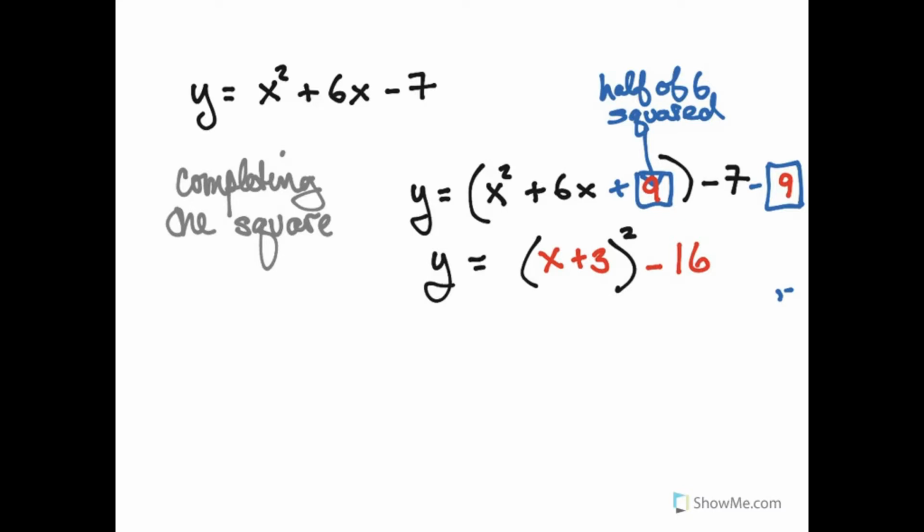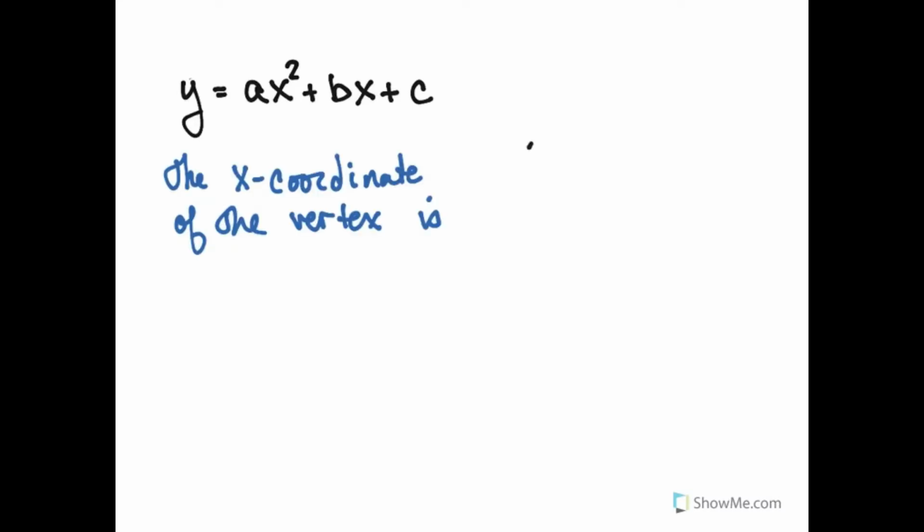So now my equation is in the form that I can read the vertex. The vertex is going to be the opposite of plus 3, or negative 3, and the y-coordinate will be negative 16. But if I have an equation in the form y equals ax squared plus bx plus c, there's a formula for the x-coordinate of the vertex of the parabola, and it's negative b over 2 times a.